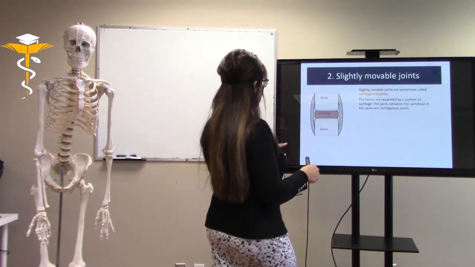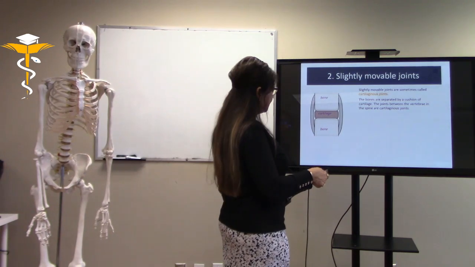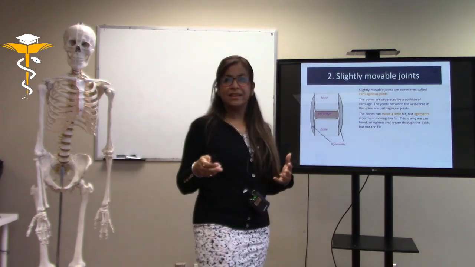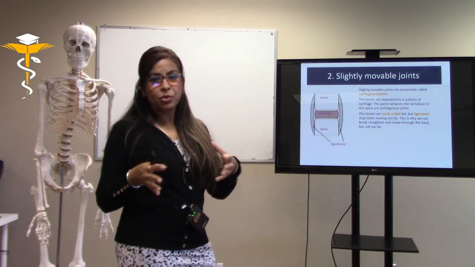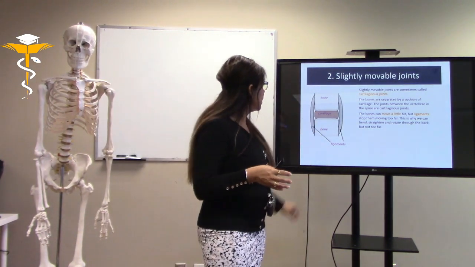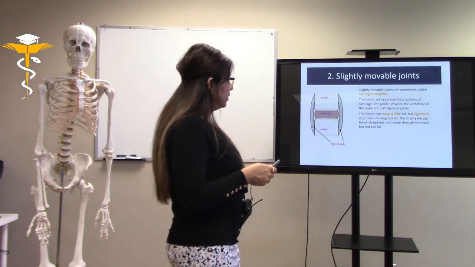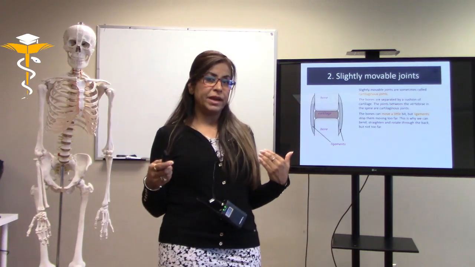These are also held together, if you see, by a ligament that provides slight movement. So it holds the bone in place and provides very little movement because of these ligaments as well. It allows us to bend forward, bend backward.